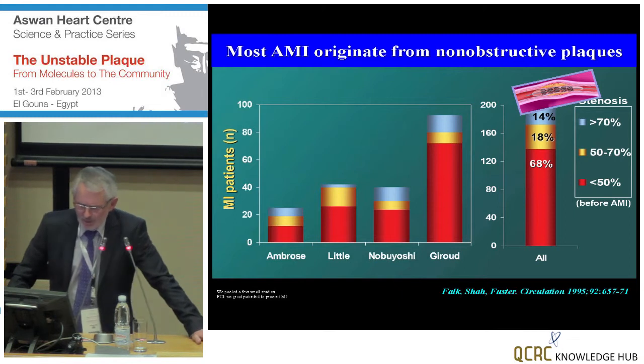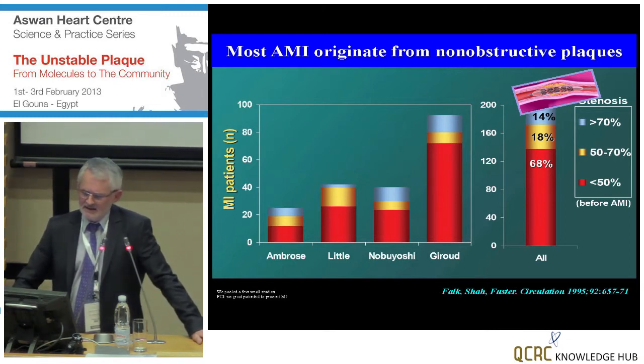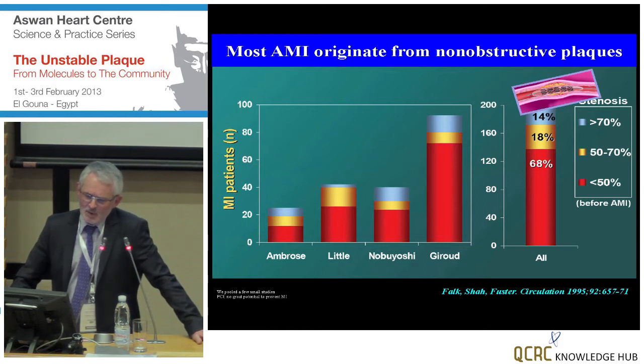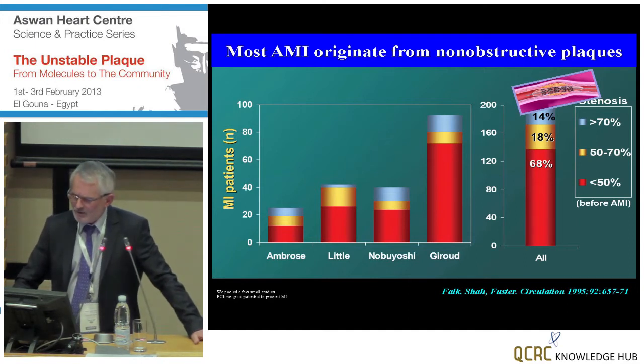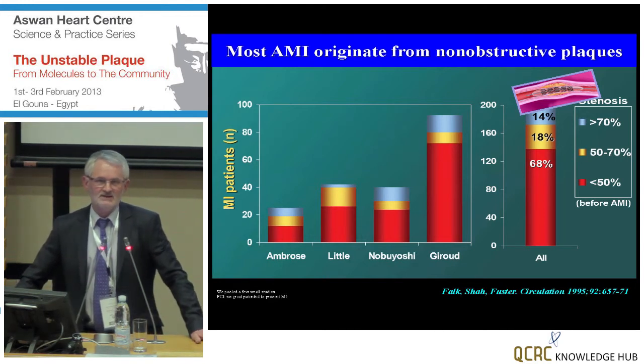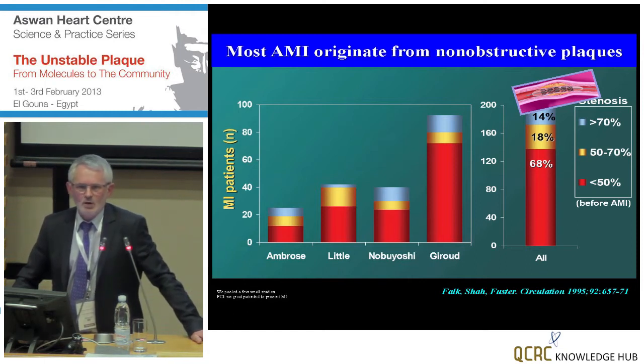And in fact, we pooled some small studies many years ago, and we showed in this pooled analysis that most acute myocardial infarctions originate from non-obstructive plaque, and only 14% of acute myocardial infarctions originated from obstructive plaque, severe stenotic plaque. It's the lesion that you treat locally by balloons and percutaneous coronary intervention.